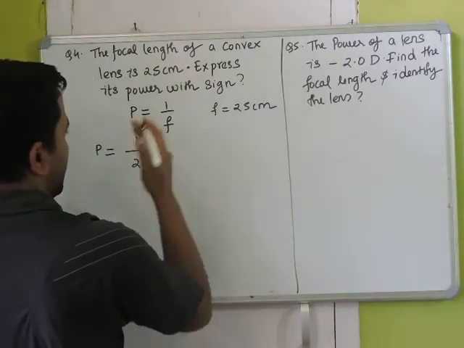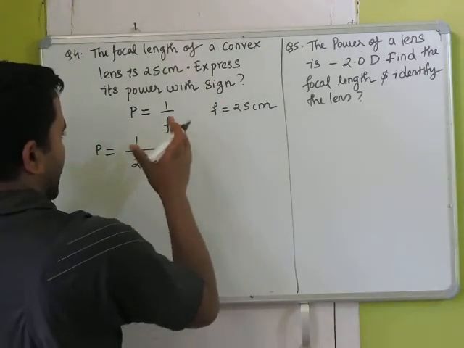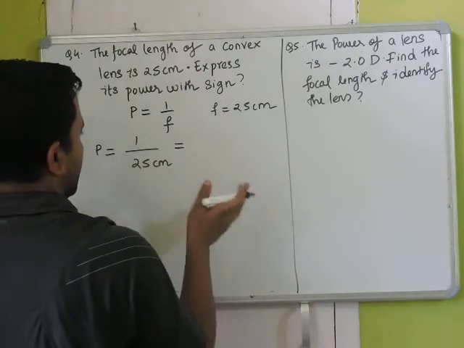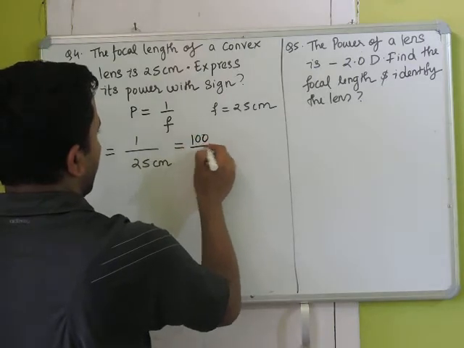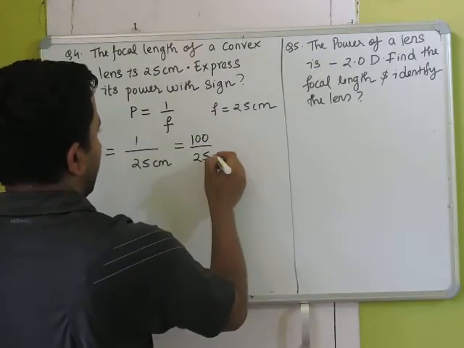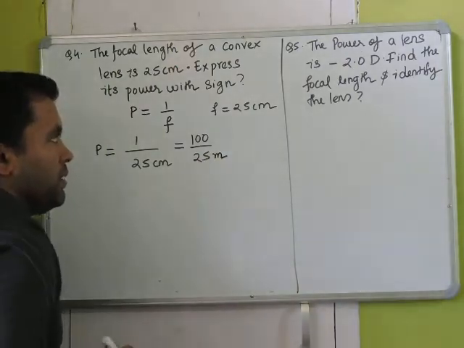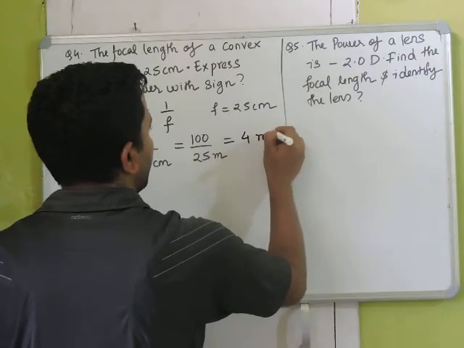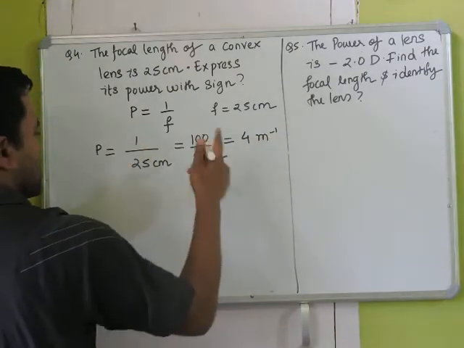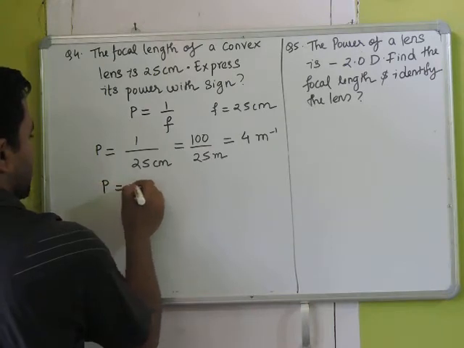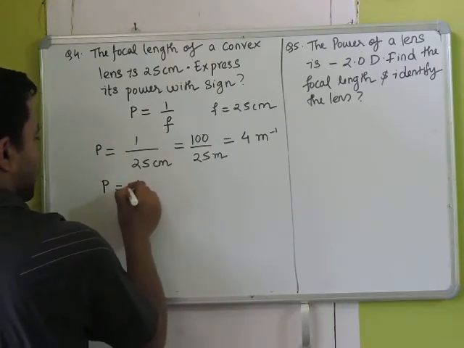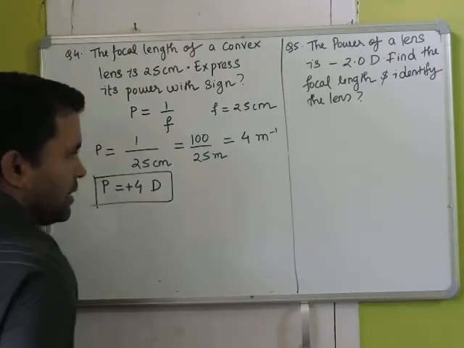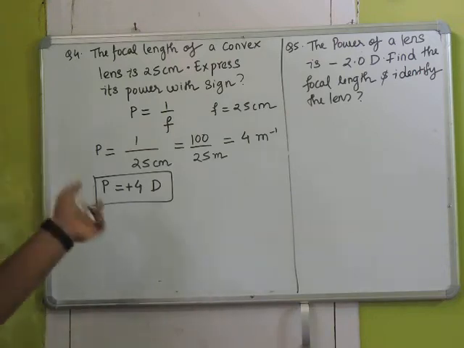I can convert centimeter into meter to get the power in diopter. 1 centimeter is 1 by 100 of a meter, so it will be 100 by 25 in meter, right? So this is going to be 4 meter inverse, or meter inverse is also called diopter. So power is going to be +4 diopter. Plus just means that it's a convex lens, so power is going to be positive.